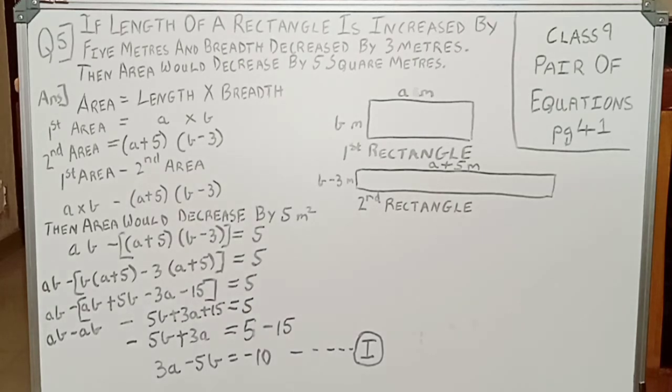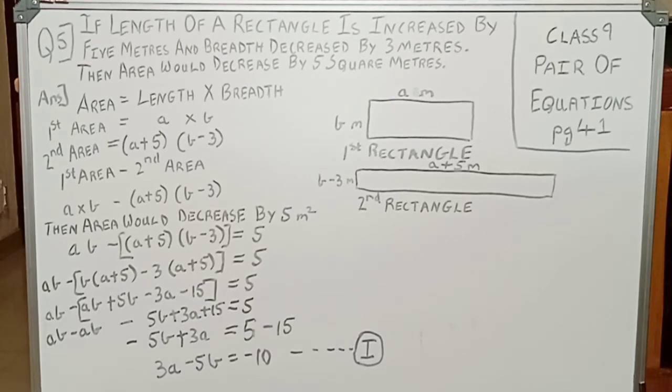Now this plus 15, when it goes to the opposite side of the equal to, will become minus 15. That is why 5 minus 15 is mentioned. 5 is there on the opposite side of the equation. When a plus integer is taken to the opposite side, it becomes minus.